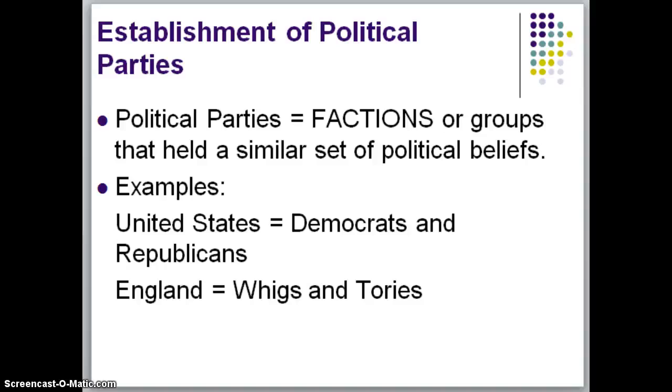Yes, but the two major ones are Democrat and Republicans here in the United States. The two political parties in England at this time period that you need to know, you were either a Whig or a Tory.